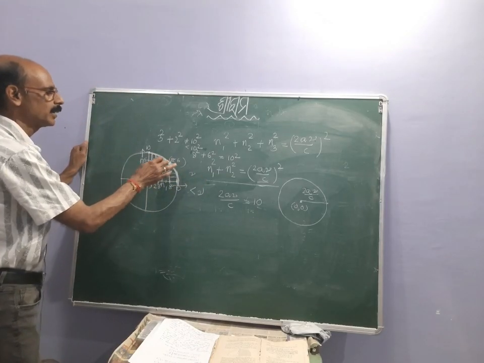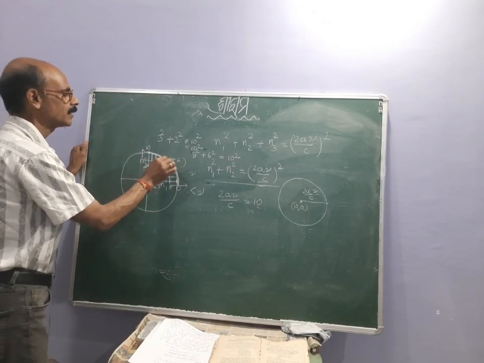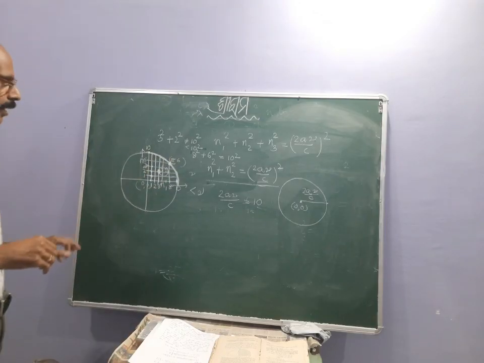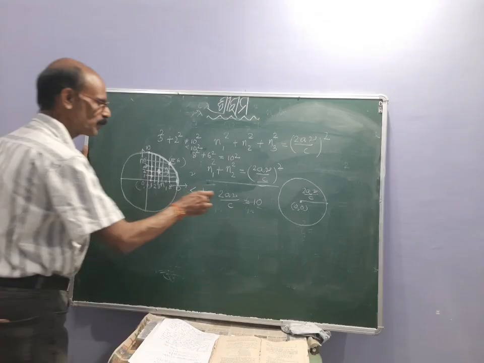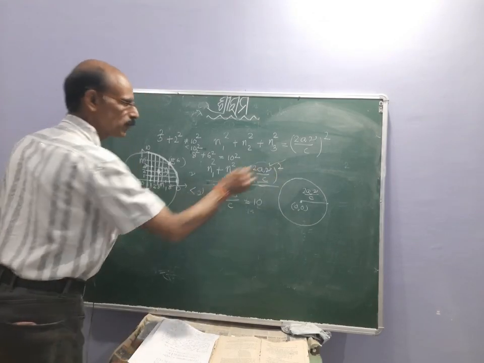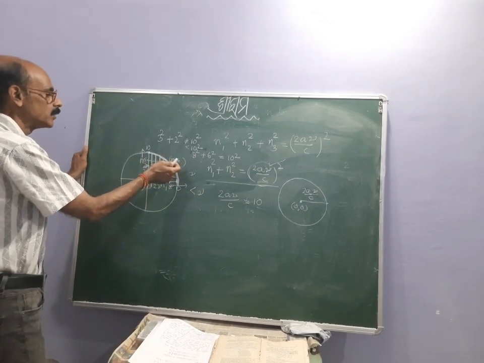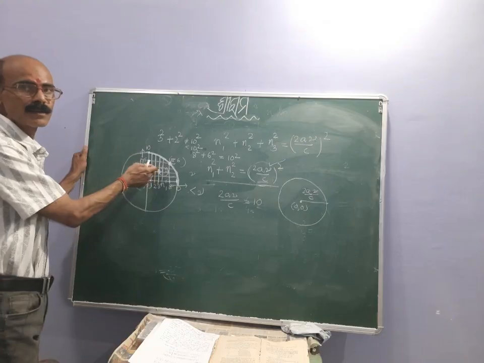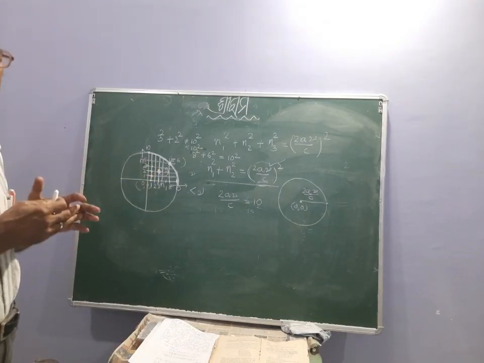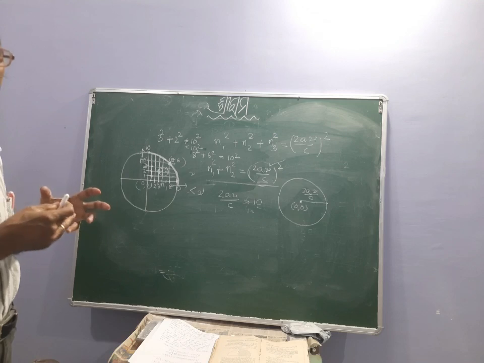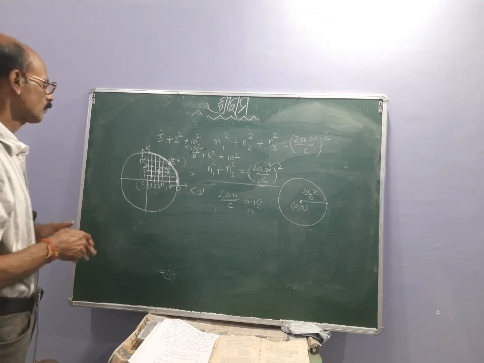Here, for example, 8 and 6 lie on the circumference. So 8 square plus 6 square corresponds to frequency nu, and those lying inside the circle belong to the set which is less than nu.